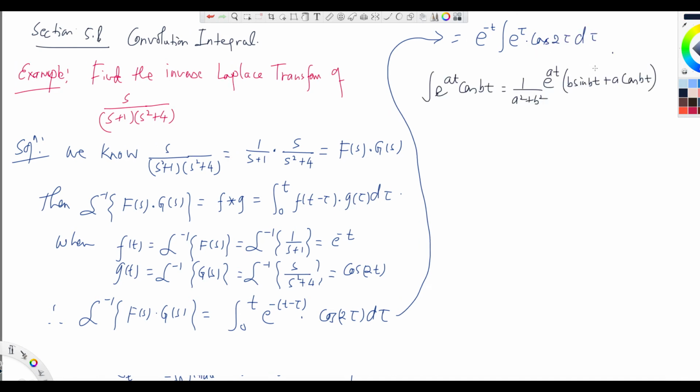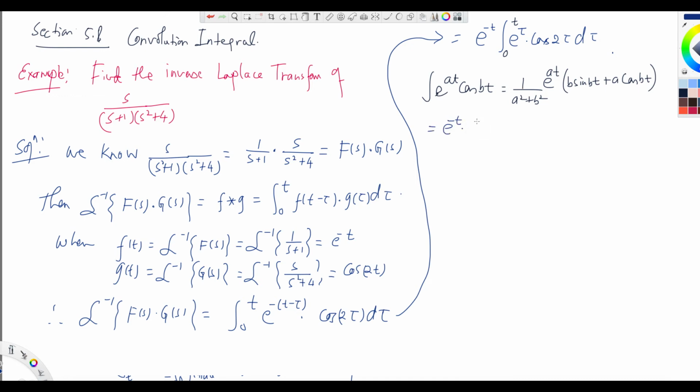Okay, so to find this integral from 0 to t, we basically use that formula: the integral of e to the at cosine bt equals 1 over a square plus b square, e to the at times (b sine bt plus a cosine bt). Let us use that formula. What do you get? There is e to the negative t already there, right?